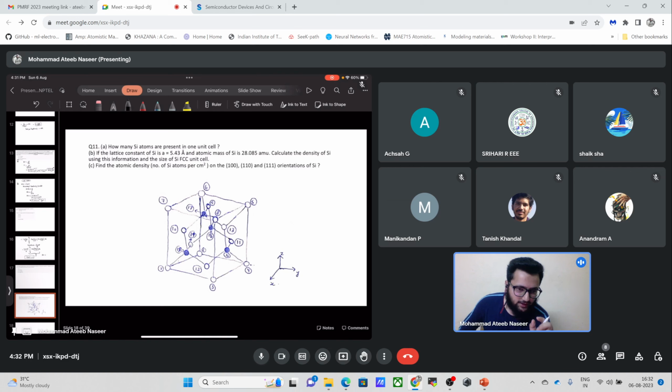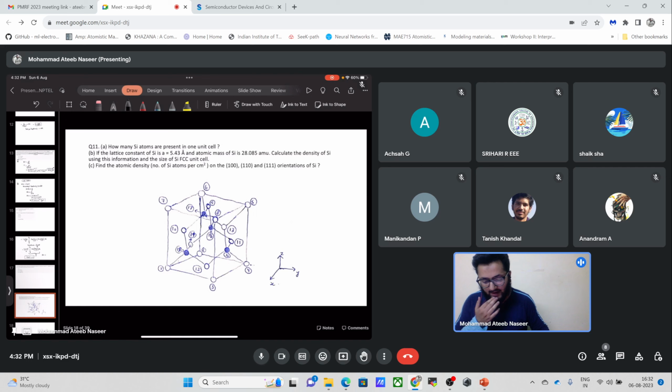So this surface functionalization, or changing the properties of a material, all depends on how the periodic arrangement of atoms is. This periodic arrangement plays a really crucial role for any material to be studied. So here you are seeing this silicon unit cell.